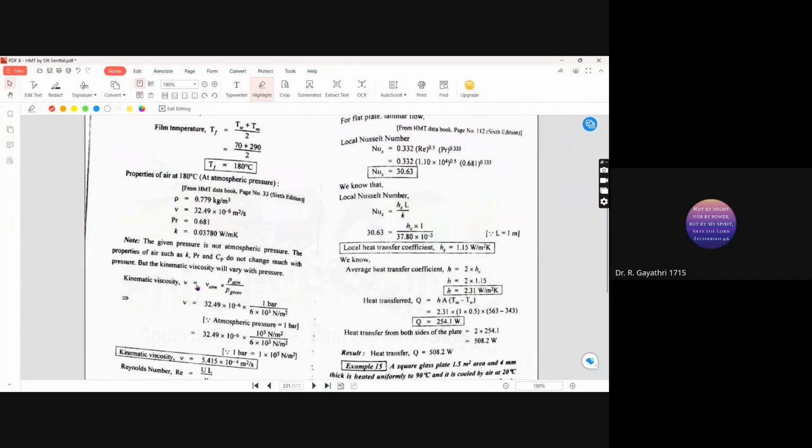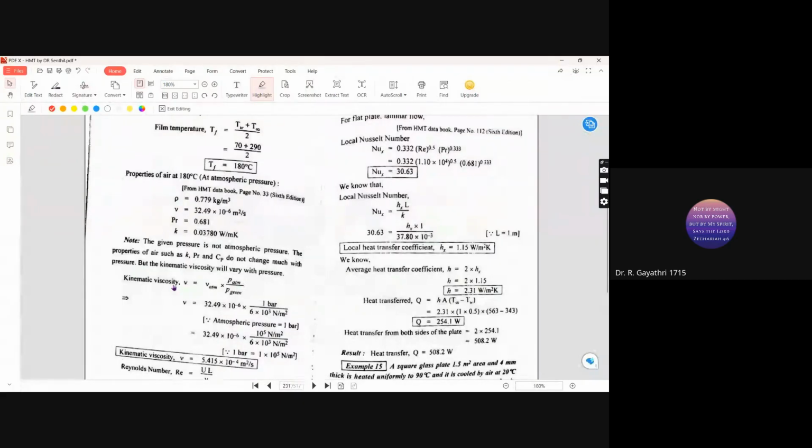So here we can use this formula: nu at atmospheric pressure by nu at the given pressure is equal to P at the given pressure by P at atmospheric pressure. The kinematic viscosity times pressure at 6 kilonewton per meter square is equal to kinematic viscosity at 1 atmospheric pressure times pressure at 1 atmospheric pressure.